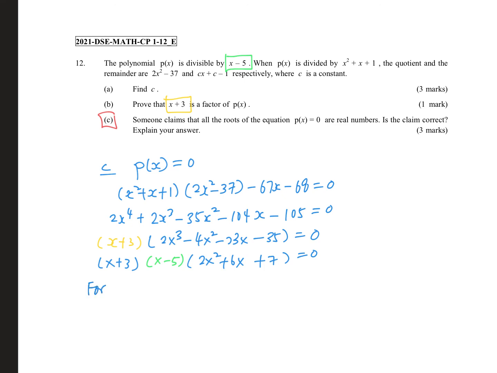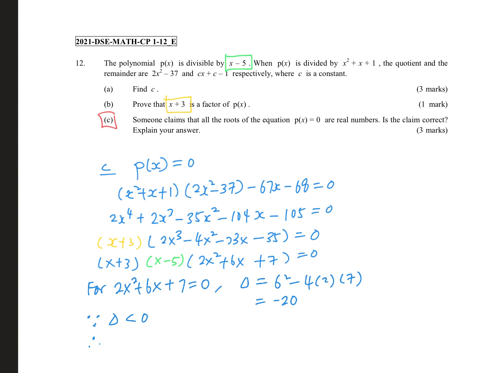So for the equation 2x squared plus 6x plus 7 equals 0, we'll try to formally write the discriminant b squared minus 4ac. And you can see this is negative 20, which is less than 0. So just follow the set procedure.